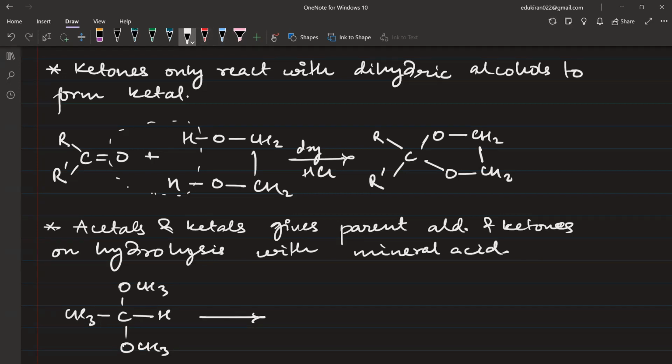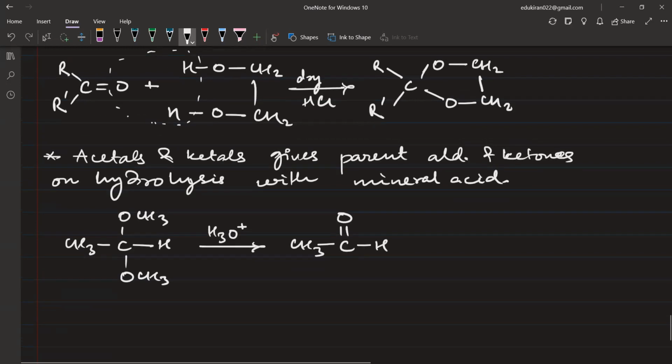Because the alkoxy groups are attached to a carbon atom, which is further attached to hydrogen. So in the presence of H3O+, this fragment will be same. The part that is not alkoxy will be same. CH3, CH, and then on the carbon atom that was having the alkoxy groups, you will attach the C double bond O.